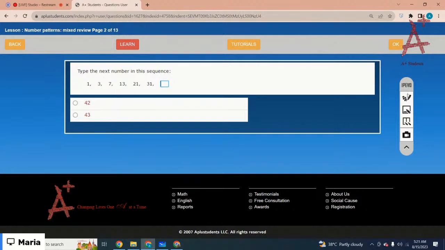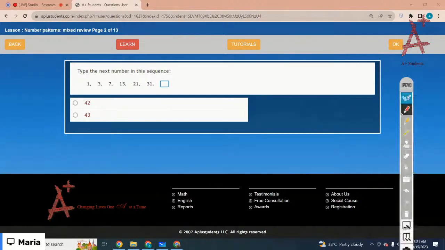You can see here. 1 plus 2 is 3. 3 plus 4 is 7. 7 plus 6 is 13. 13 plus 8 is 21. 21 plus 10 is 31. And 31 plus 12 is, the next number is 43. So the correct option is 43, right?